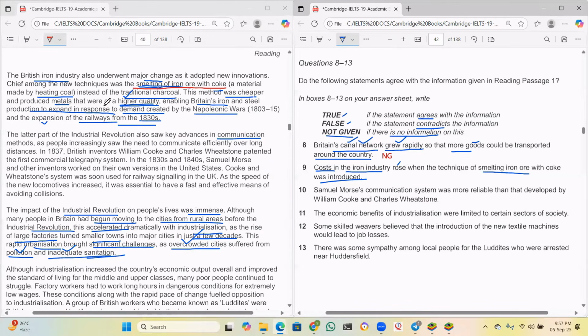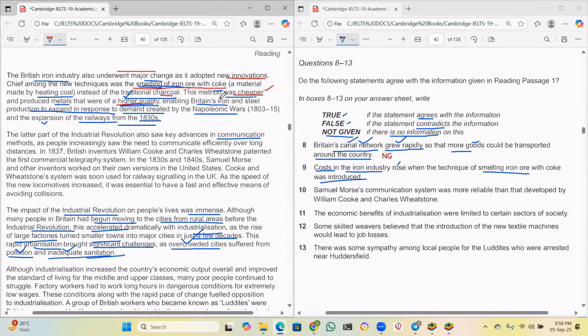That's what he said. Now, British iron industry also underwent major changes as it adopted new innovations. Chief among the new techniques was smelting of iron ore instead of traditional charcoal. This method was cheaper. Okay, got the answer. This method was cheaper and produced high metals that were of higher quality.